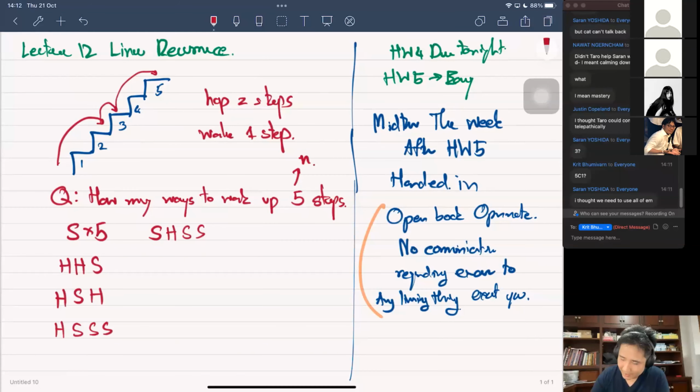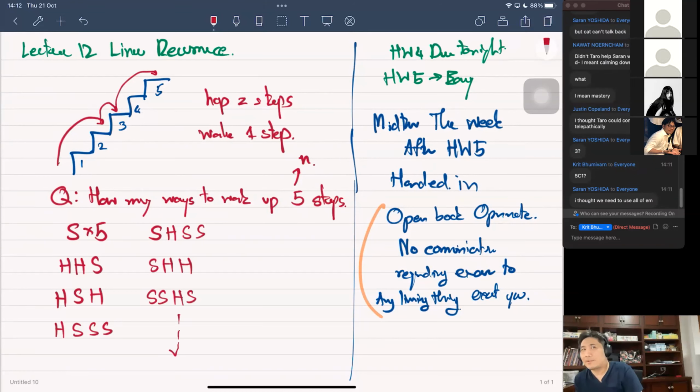Step, hop, step works too. You know, there are a lot of them. Not 3, not 5 choose 1. Any questions so far? Everyone understand the question? I want to know how to do this.